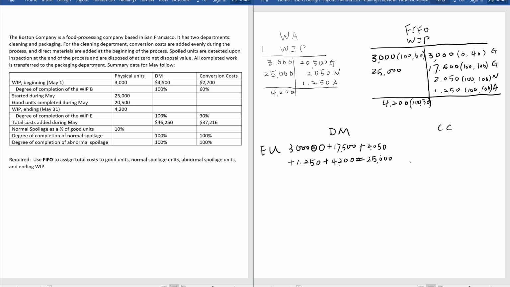As for the equivalent units for conversion costs, 3,000 units times 40% plus 17,500 good ones plus 2,050 normal spoilage plus 1,250 abnormal spoilage plus 4,200 times 30%, equal to 23,260 units.